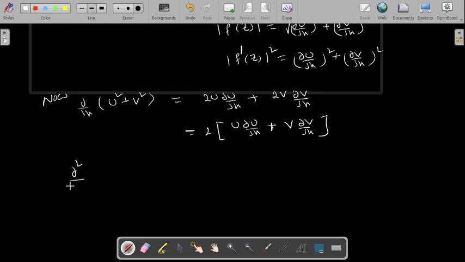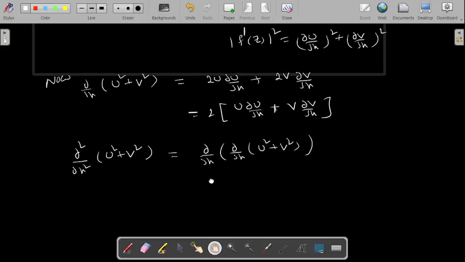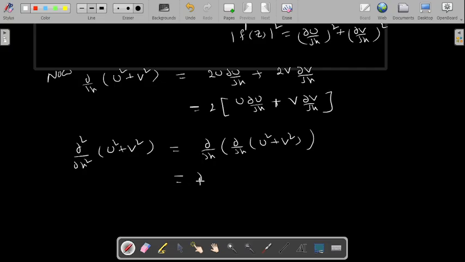Next is the second differentiation: ∂²/∂x² of u² + v², that is ∂/∂x of the first derivative, which is 2 times (u ∂u/∂x + v ∂v/∂x).